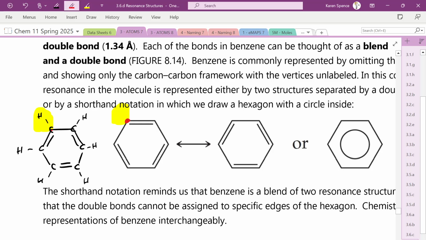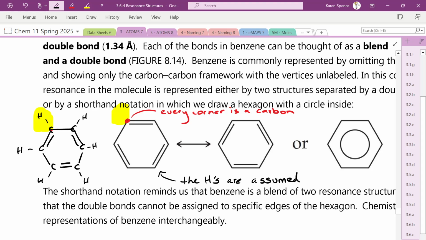But every corner is a carbon, and the hydrogens are assumed to be there. So we went from having a structure that had carbons and hydrogens drawn in it to having a structure where we've only got lines. Yeah?